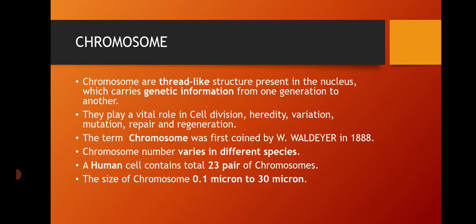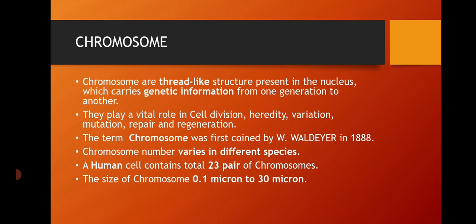A human cell contains a total of 23 pairs of chromosomes, of which 22 are autosomes and 1 is a sex chromosome. The size of chromosomes ranges from 0.1 micron to 30 micron. The diameter varies from 0.2 micron to 2 micron.